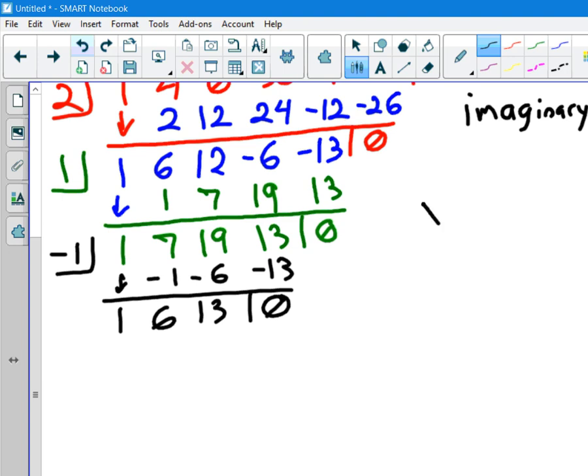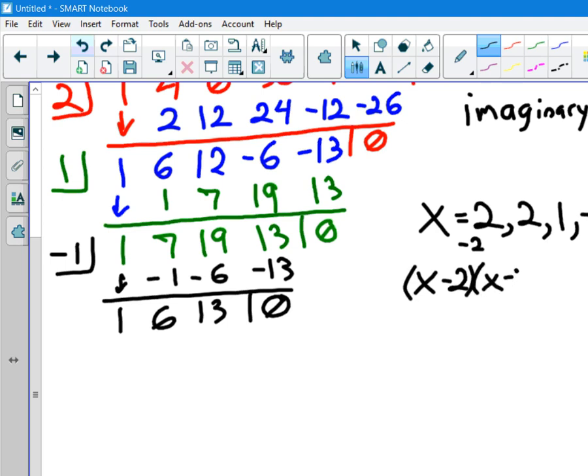So at this point, we have seen roots 2, 2, positive 1, and negative 1. And if I subtract 2 from both sides, that gives me 2 factors of x minus 2 because we had 2 roots of positive 2. If I subtract 1 from both sides, I get x minus 1 as another factor.